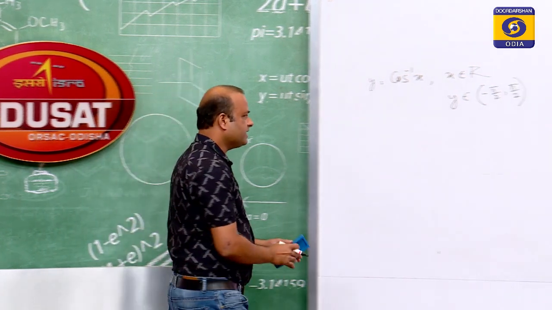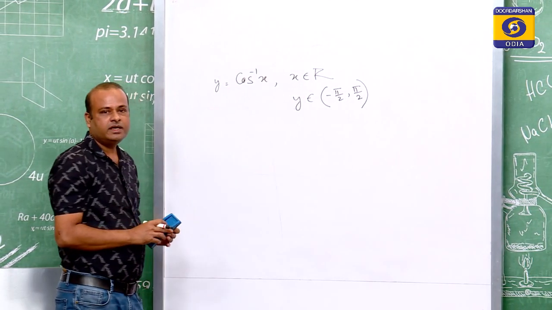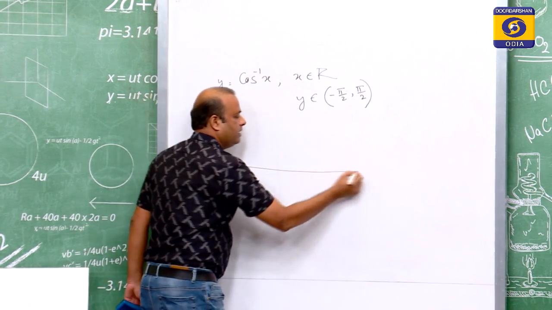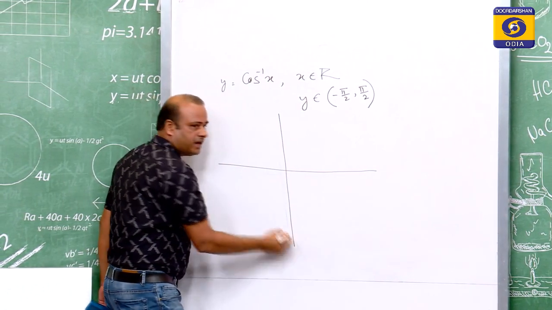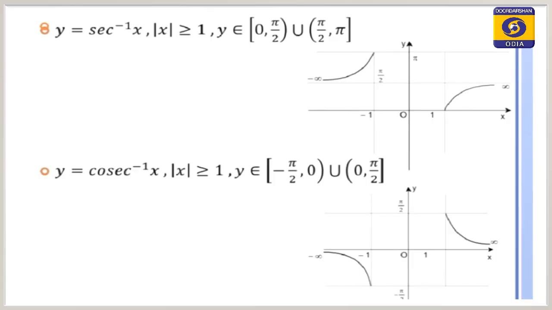So, in this case x is from minus infinity to plus infinity. You can see the graph on your screen, though it is wrongly written minus infinity to plus infinity, actually it is like this, and it is from pi by 2 to minus pi by 2, right.